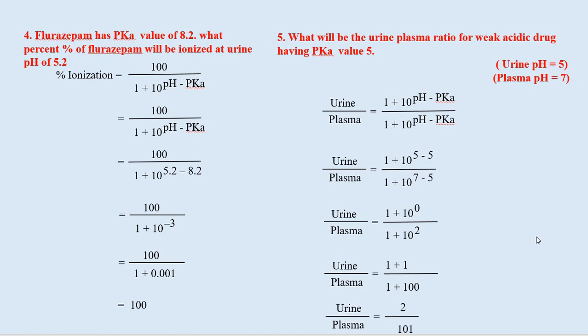From that you conclude that the maximum drug gets absorbed, because in the urine there is less concentration and in the plasma there is maximum concentration. So from that ratio we get to know that this drug has maximum absorption.